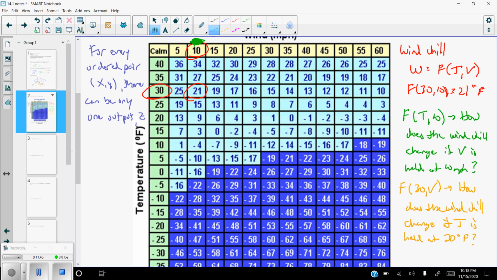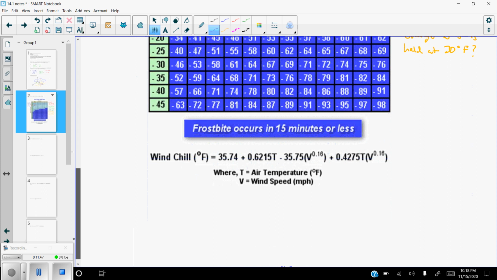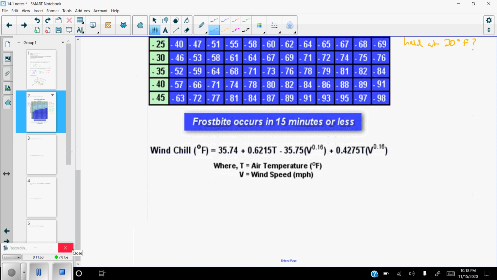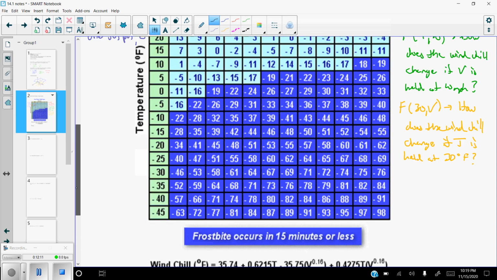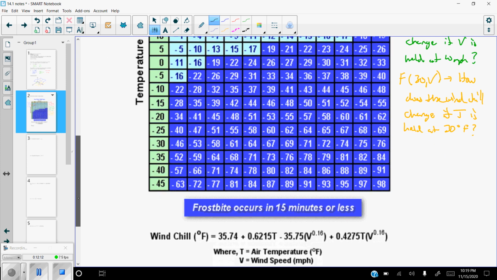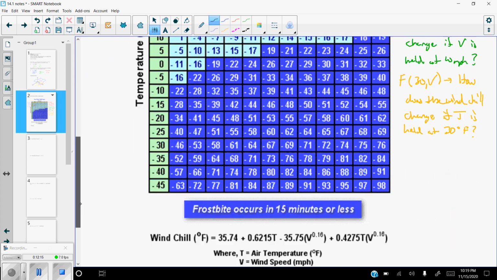All right, so let's quickly talk about the domain. By the way, that's the wind chill in degrees Fahrenheit. That's the function that gets you all that stuff, if you were interested in that. Nothing we have to worry about. So what's the domain of this function? Well, according to our chart, and that's the biggest thing, we can only go by the chart here. It looks like the temperatures go from -45 up to 40.